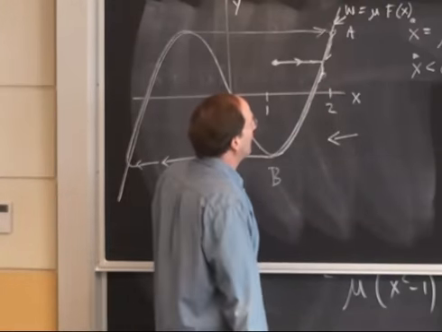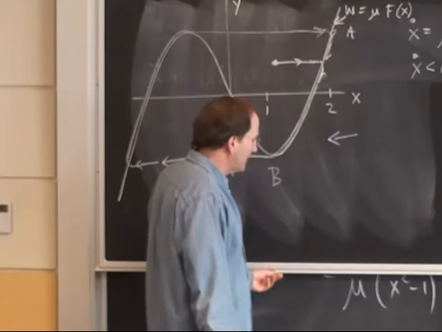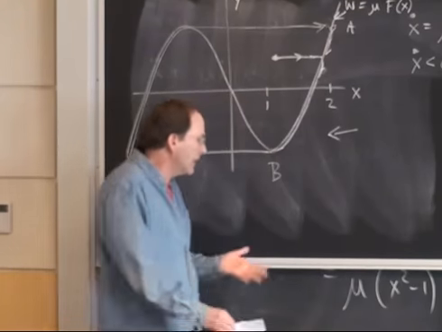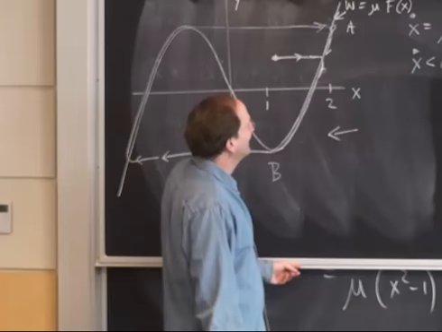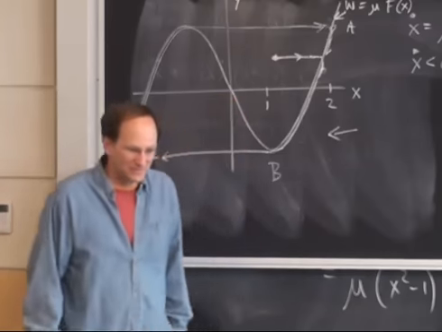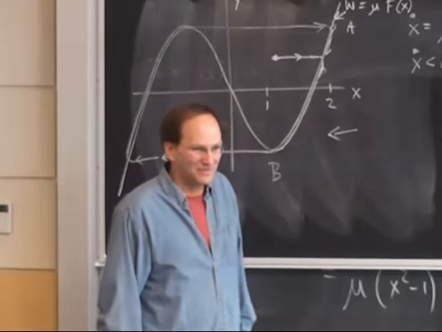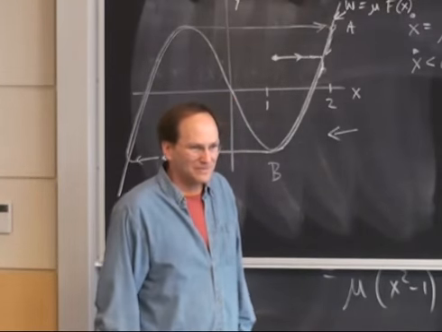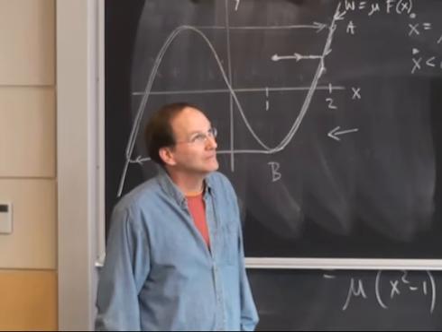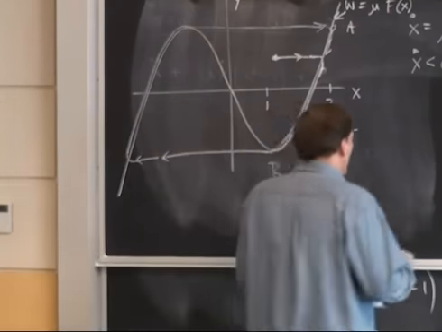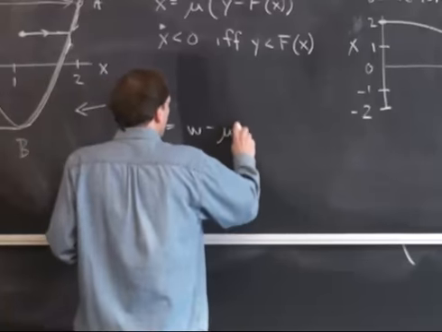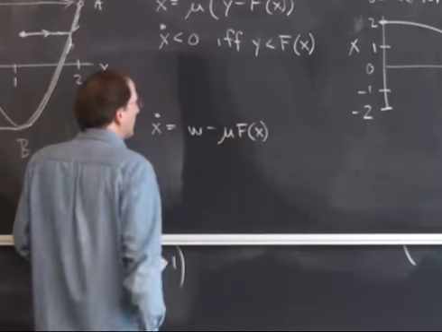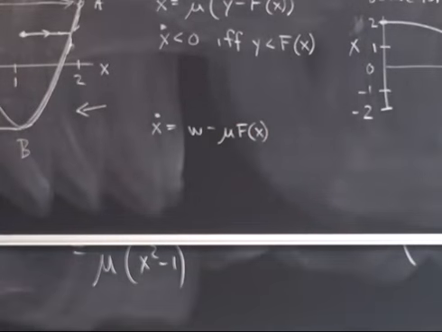But it's not so helpful to say it like that. So when we define x dot, it's like x dot equals W minus mu f of x, yes? Right, so that means that the point is moving right across.